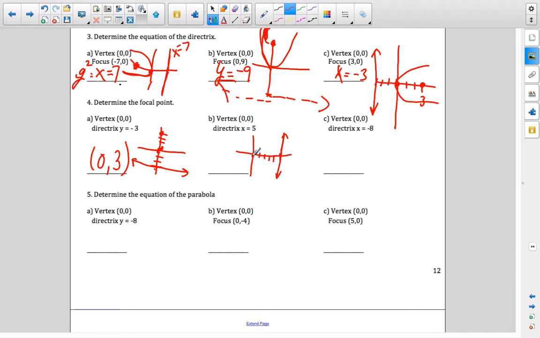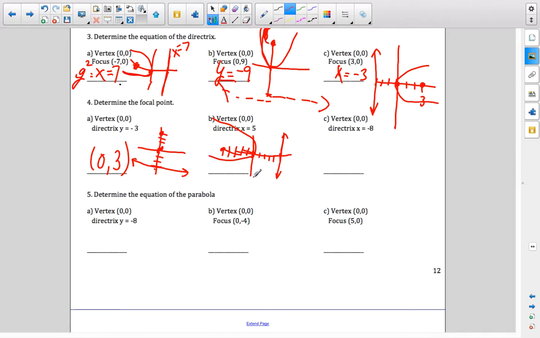Okay, and since the vertex is here, we better go 5 this way. 1, 2, 3, 4, 5, because then they will each be 5 units away from the vertex. So here is our focal point, and our parabola is going to go like that.